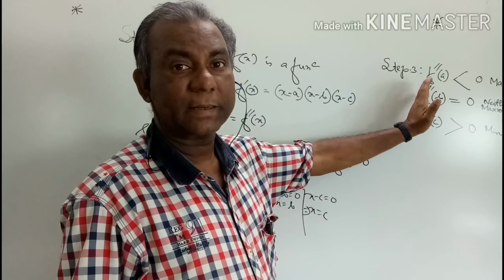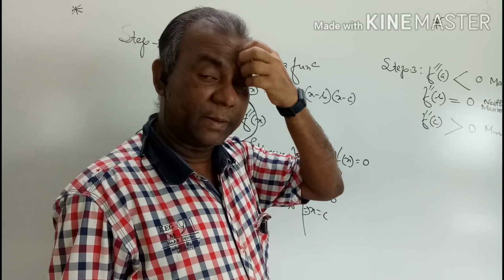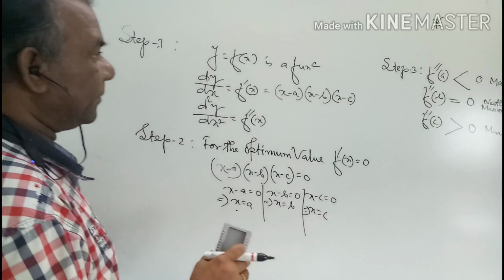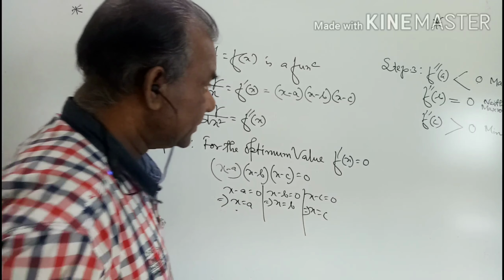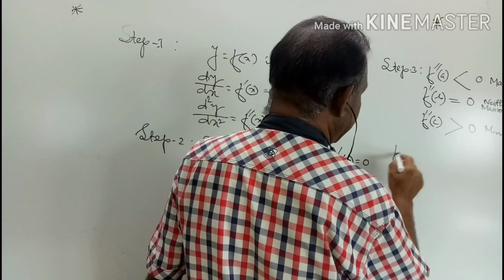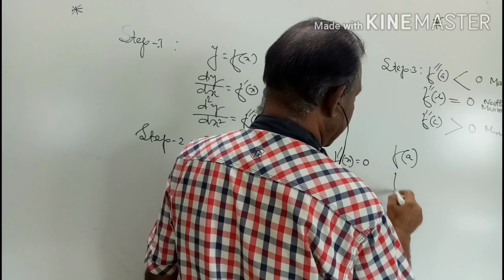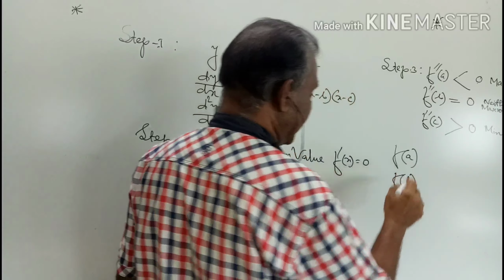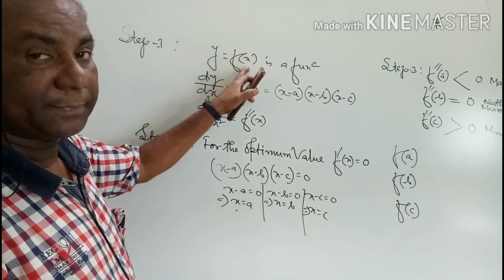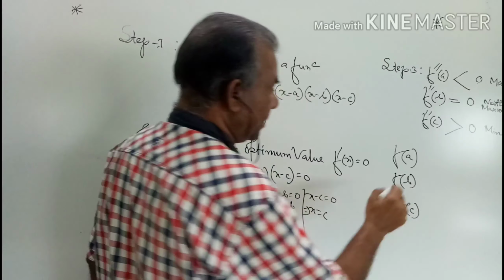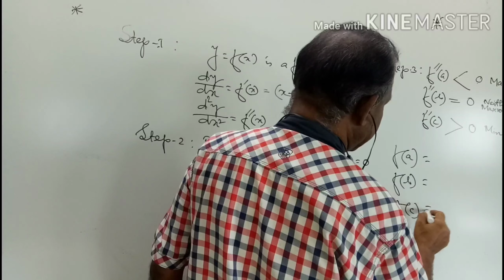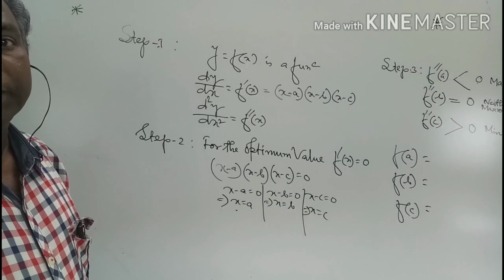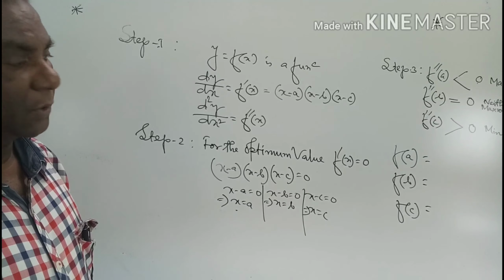This is not the exact minimum or maximum value of the function. So what will you do for that? You have to put the value of x in the given function. From there, you can find which one is maximum and which one is minimum.